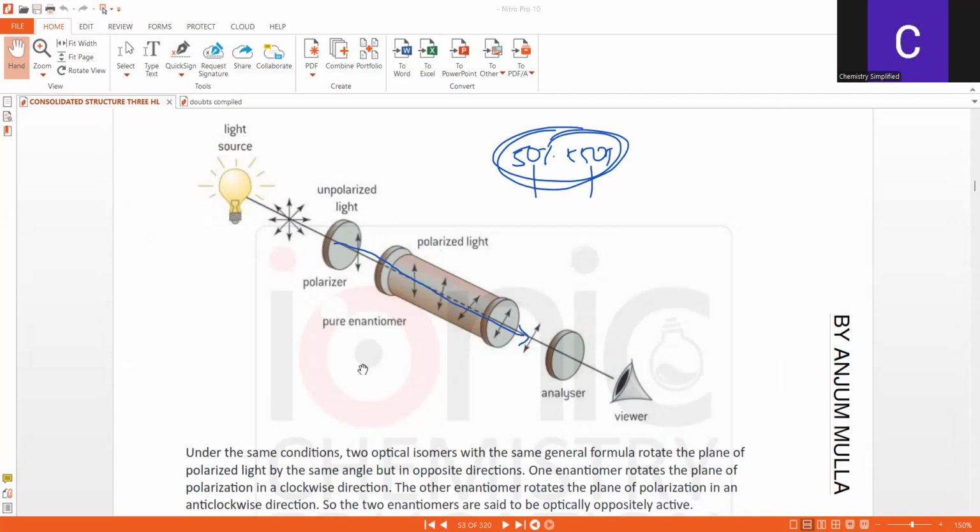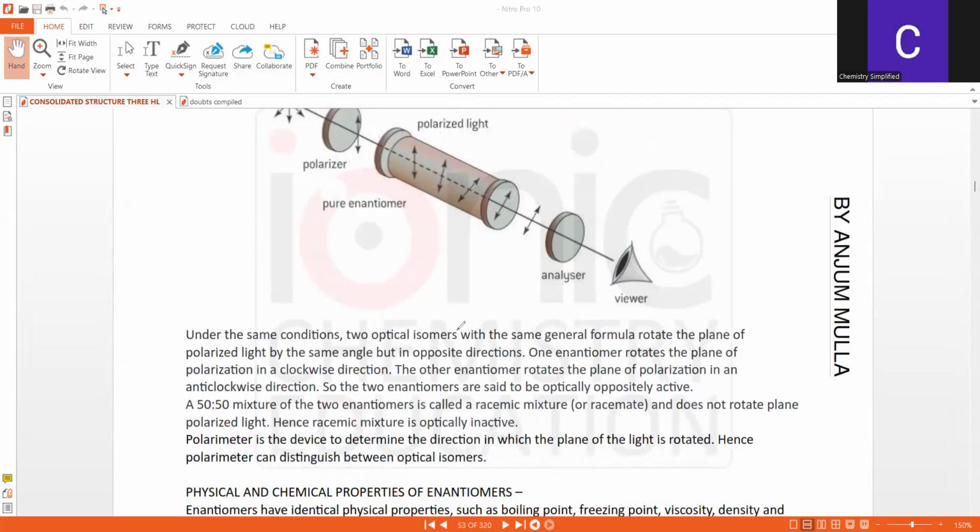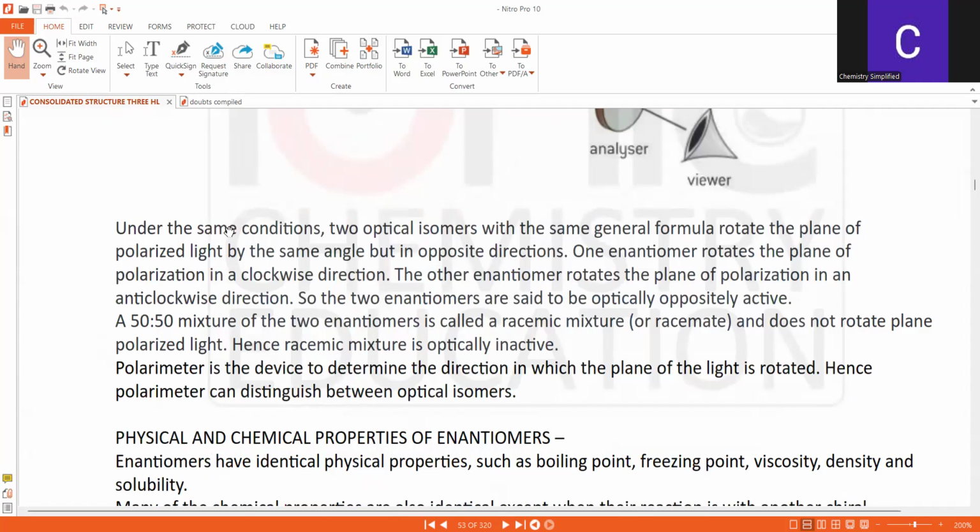So there will be no rotation in the plane of the polarized light if there is a mixture of the two optical isomers, 50% and 50%. Now this is called a racemic mixture. So a 50%, 50% mixture of the two isomers is called a racemic mixture or a racemate, which does not rotate the plane of the polarized light. Hence, the racemic mixture is optically inactive.